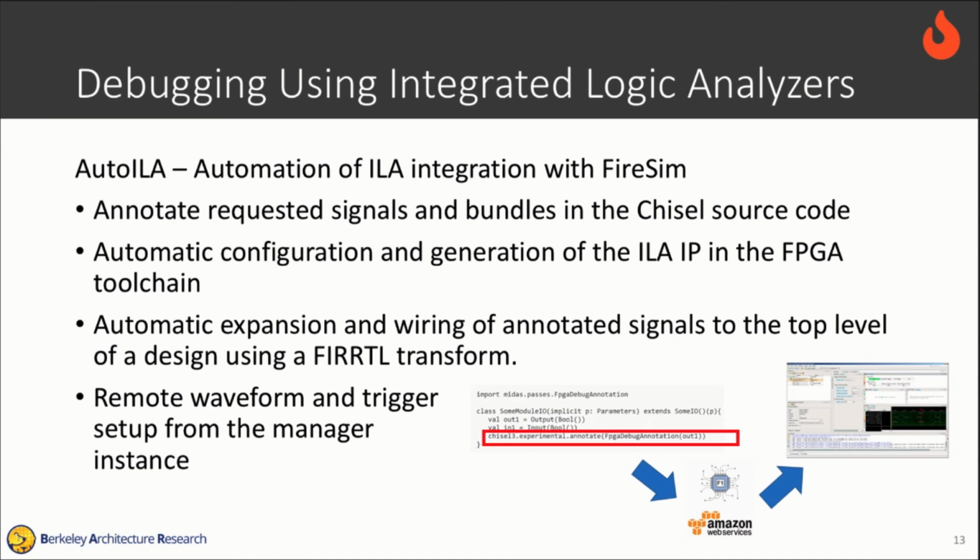It will wire up the signals all the way to the top level and then wire them up to the ILA. It will set up the whole debug bridge and everything, so you can view the waveforms in Vivado through your manager instance, so you don't need to log into your run farm.